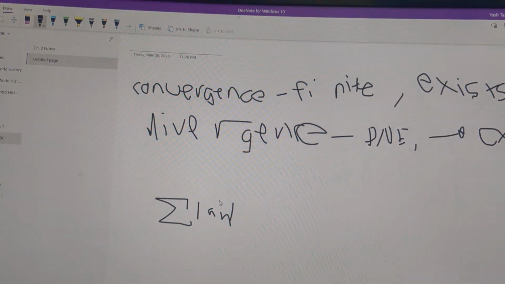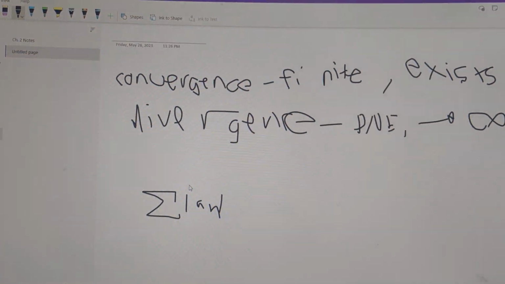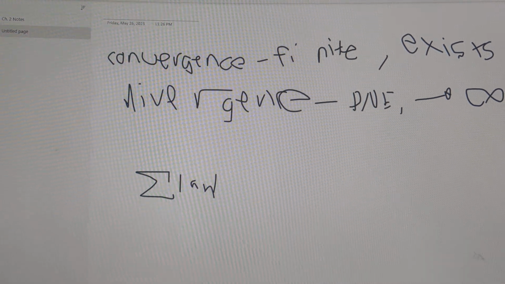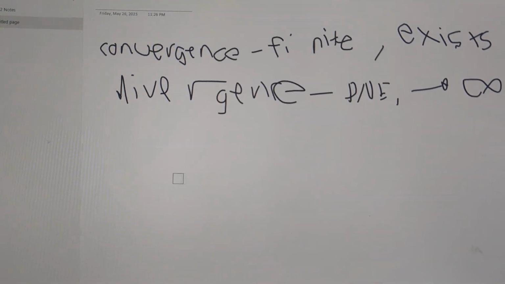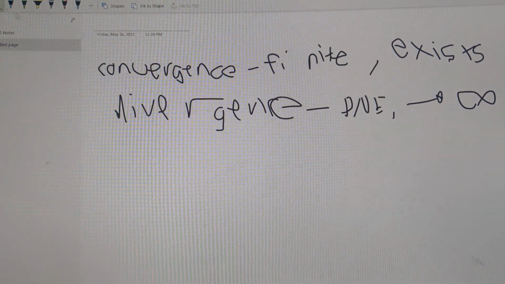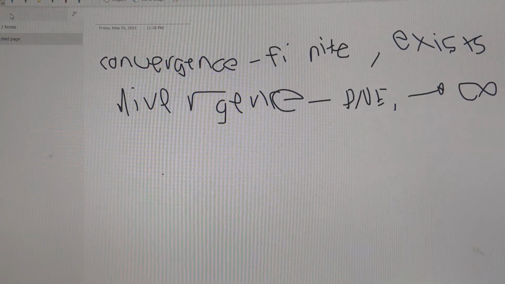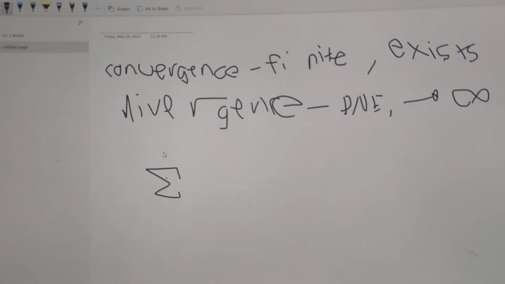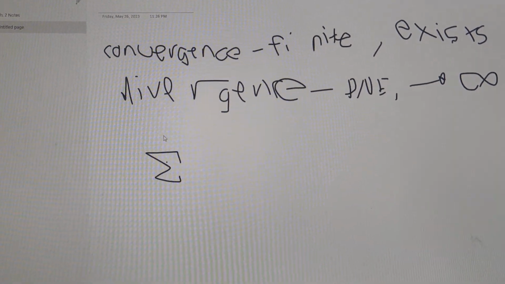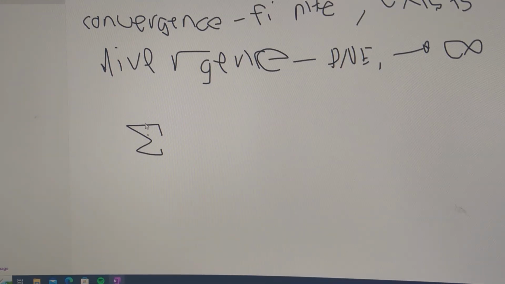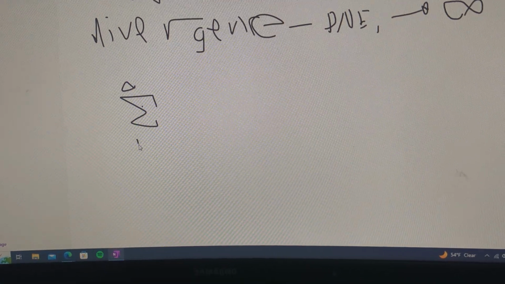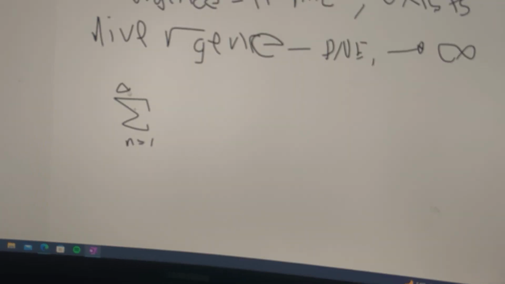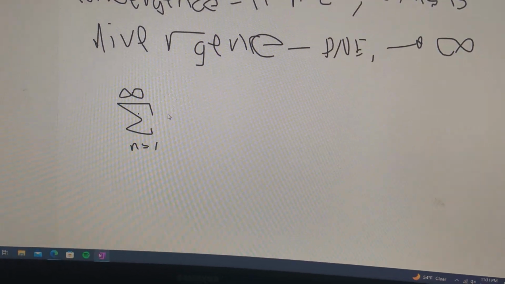There are a couple of different examples we can do to prove this. I'll give three examples that show each different outcome of absolute and conditional convergence. The first example, the simplest one, is when the series is divergent.